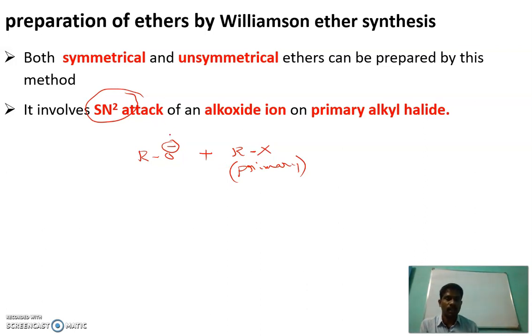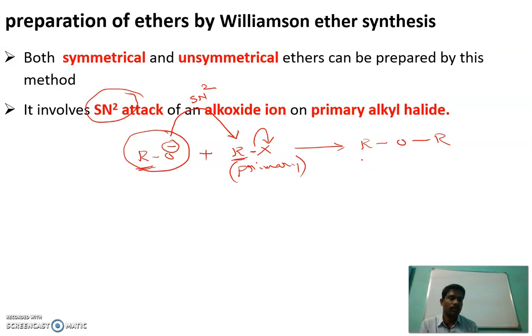So this alkoxide acts as a nucleophile and attacks the primary alkyl halide by SN2 mechanism. The incoming nucleophile is alkoxide, the outgoing leaving group is X minus. X minus will depart from here and that results in the formation of the following ether as the final product. If the two alkyl groups are similar, then we get a symmetrical ether.